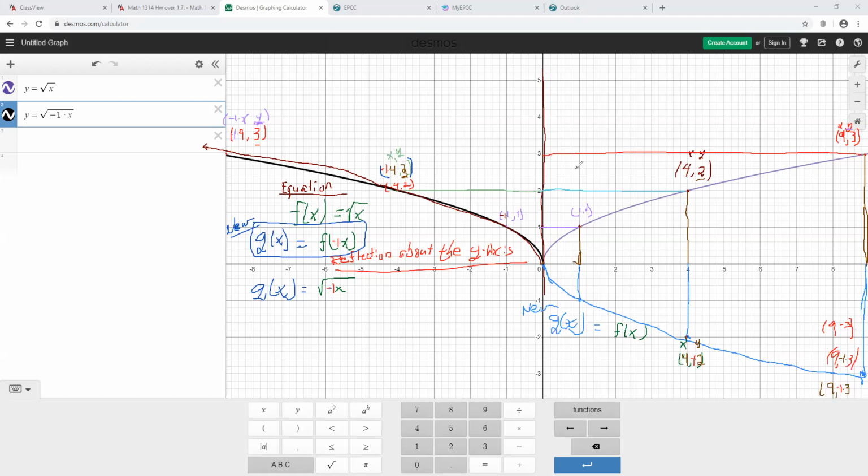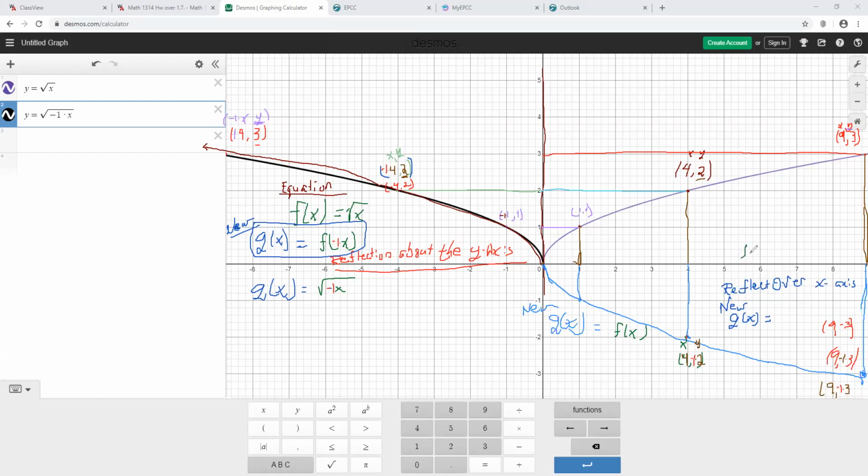when we reflect over the x-axis, or about the x-axis, then the new function, if we call it g for the new function, is equal to the original function.